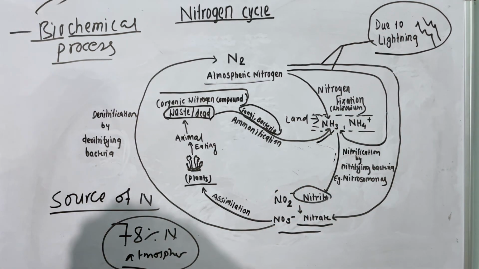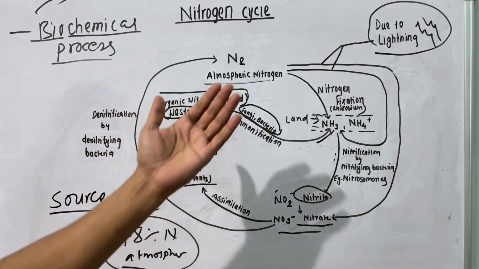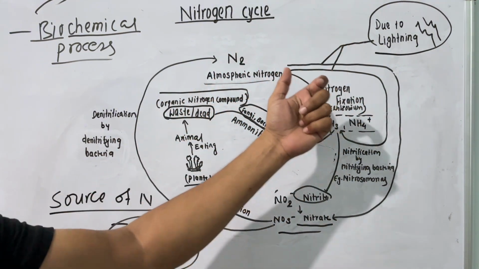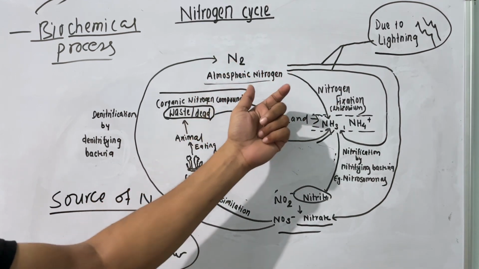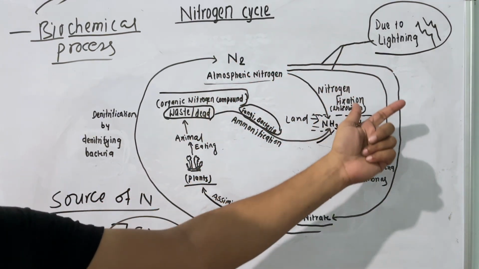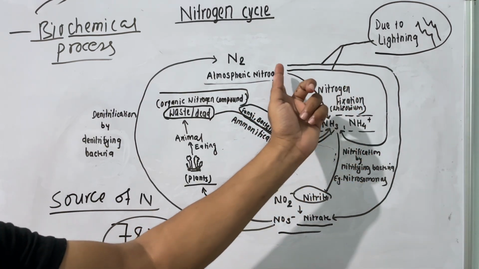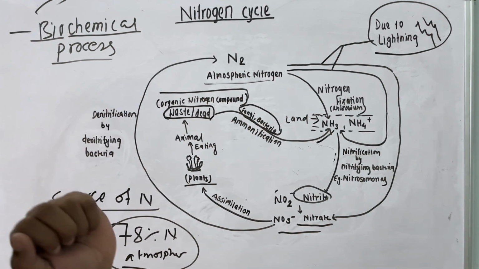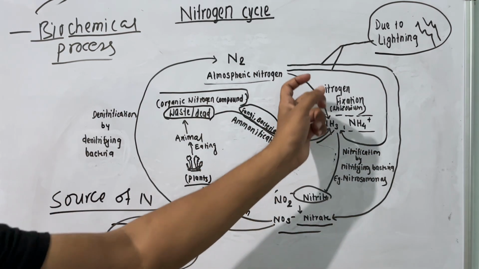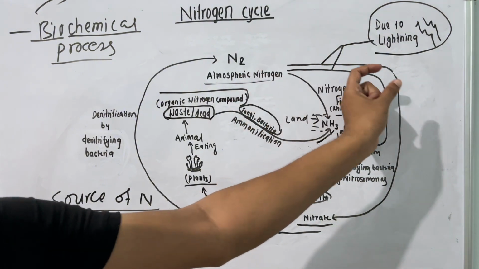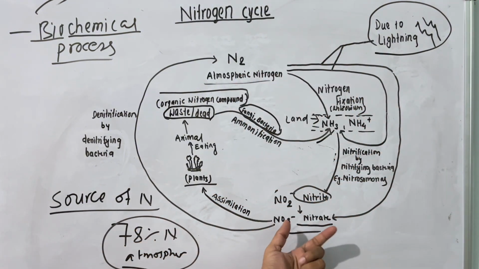We know that in the atmosphere lightning frequently occurs. Due to this lightning, the atmospheric nitrogen dissociates into several compounds, that is ammonia or ammonium ion, and it goes directly into the soil with the help of rain. Again, this atmospheric nitrogen can also directly change into nitrate form.